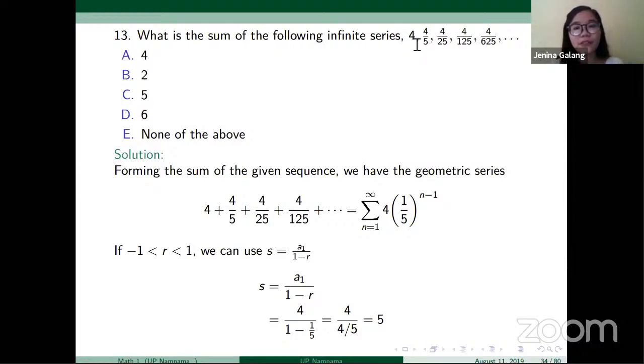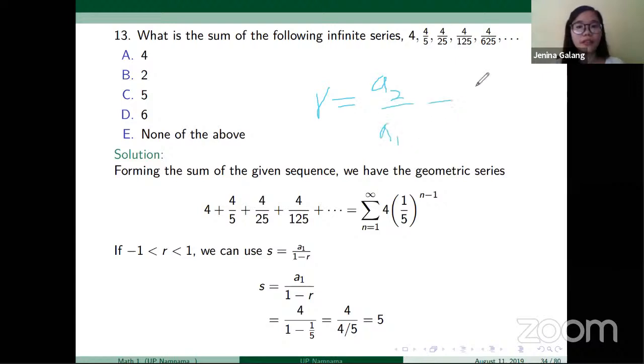So 4 times 1 over 5 is 4 over 5, and 4 over 5 times 1 over 5 is 4 over 25, and so on. So yung common ratio natin dito is 1 over 5. So pwede nyo rin gamitin yung formula na R equals the second term over the first term.